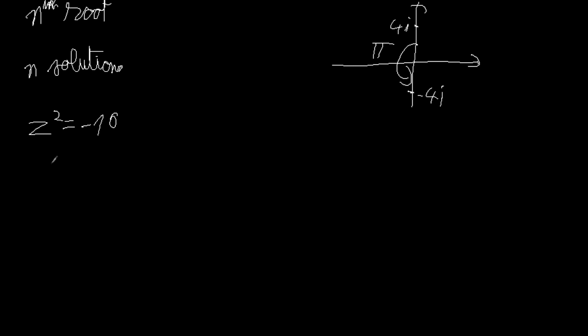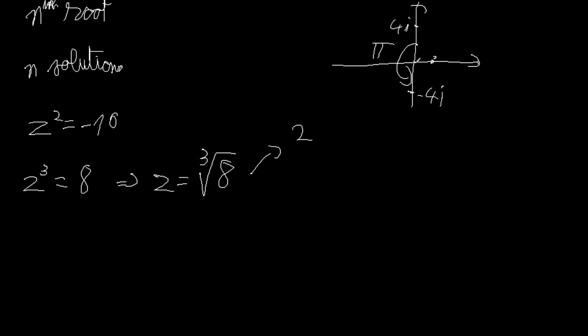Now, the next one, z cubed equals 8. So z equals cube root of 8. Now, one answer is 2. We'll put it here, 2. And the other ones are going to be there.